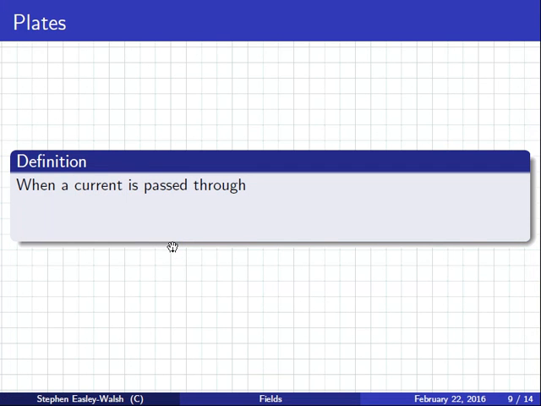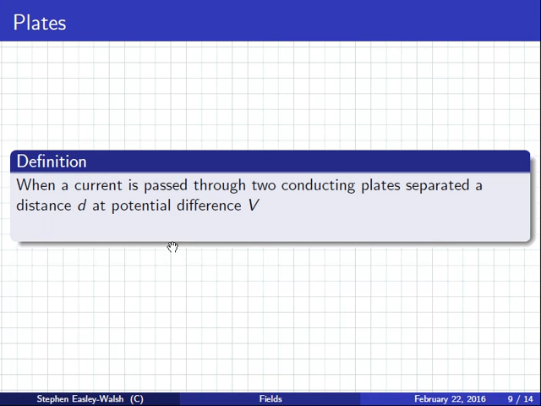When a current is passed through two conducting plates, separated by a distance d at a potential difference V, then the electric field has strength V over d. So if you know the voltage and the distance, you can know the strength of the electric field by using this formula. Electric field strength is voltage over separation distance.